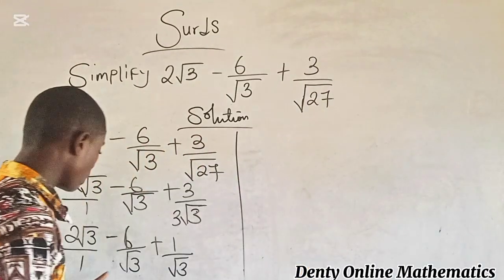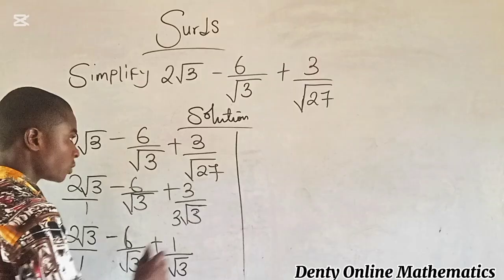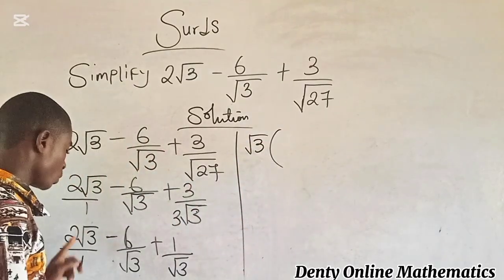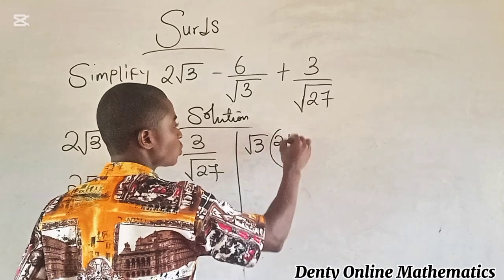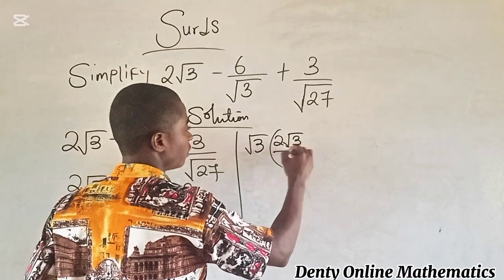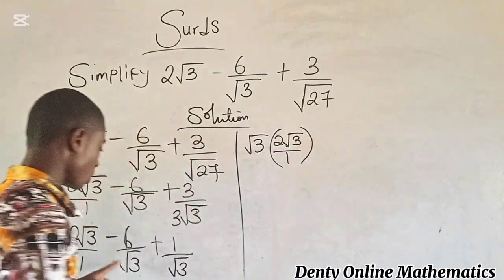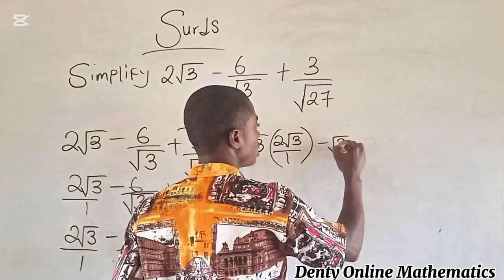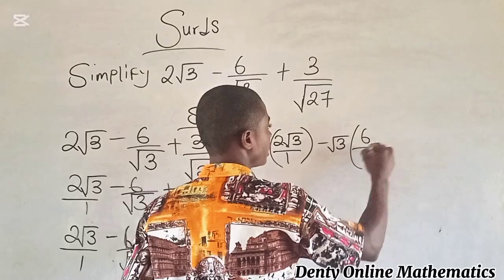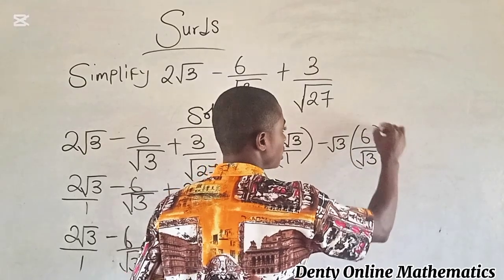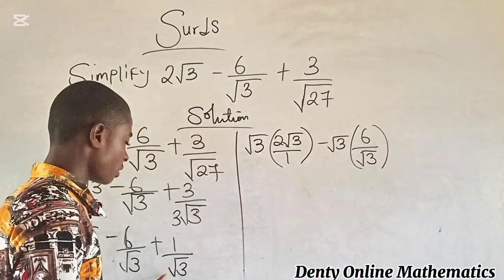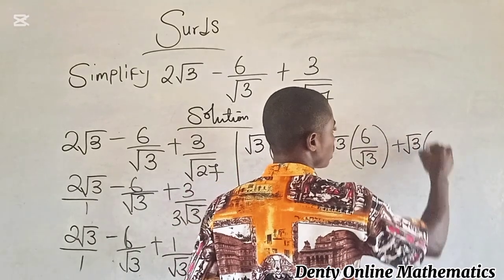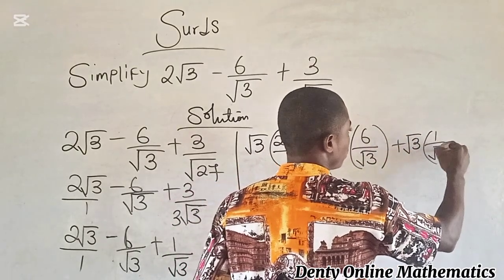Alright, so we are going to do that here now. Now root 3 will multiply 2 root 3 divided by 1. Root 3 will multiply 6 divided by root 3. So minus root 3 to multiply 6 divided by root 3. And then root 3 will multiply 1 over root 3, plus root 3 to multiply 1 all over root 3.